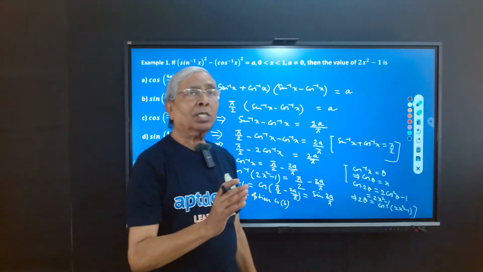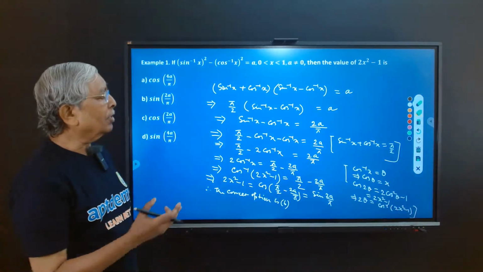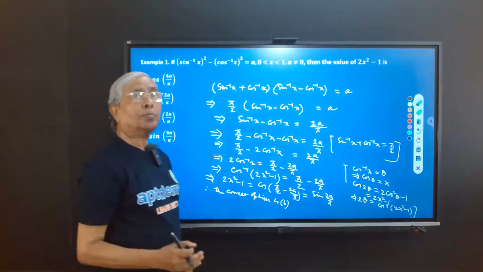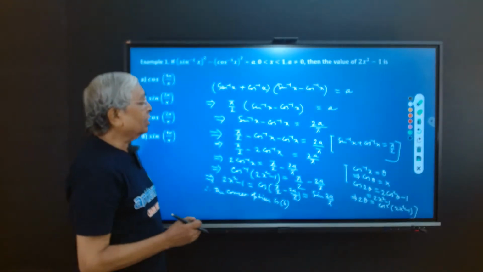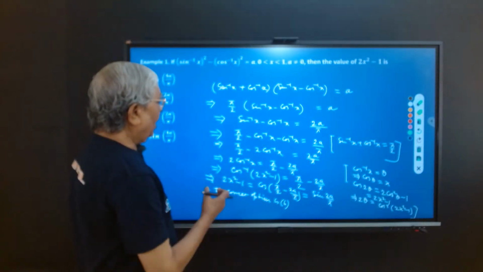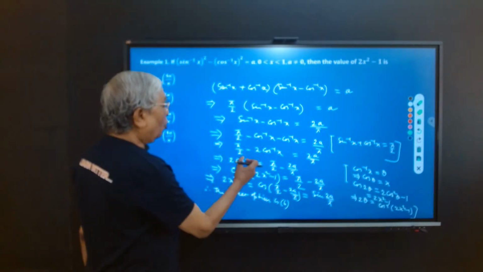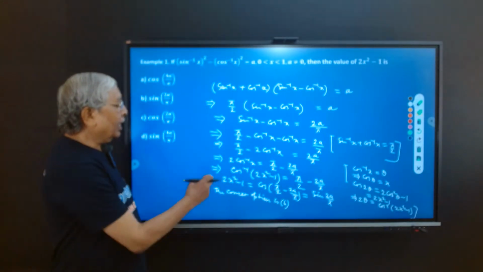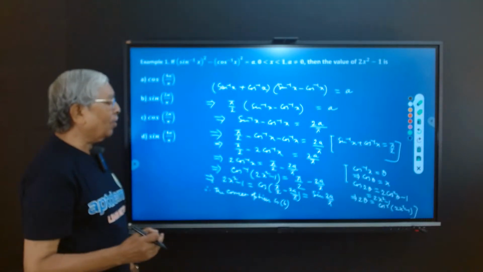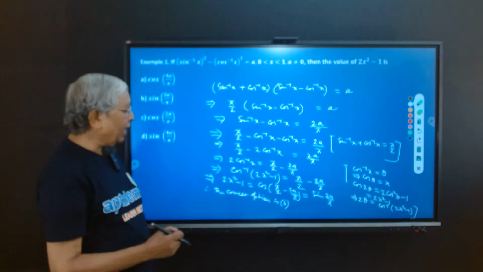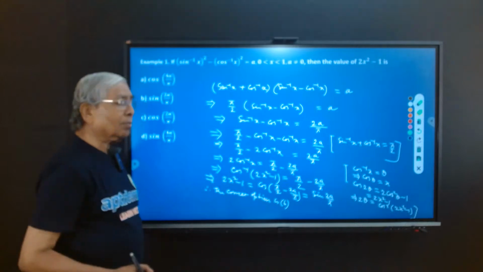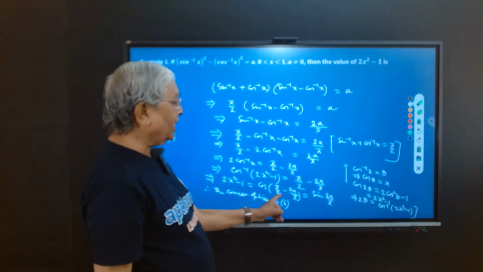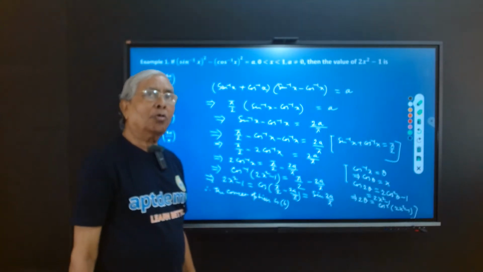Now convert this into cos inverse x with the help of the formula: sin inverse x equals pi by 2 minus cos inverse x. From this, I have got 2 cos inverse x equal to pi by 2 minus 2a by pi. So we can write cos inverse of 2x square minus 1 equals pi by 2 minus 2a by pi. Therefore, 2x square minus 1 is equal to cos of (pi by 2 minus 2a by pi). Cos of 90 minus theta means sin theta, so sin of 2a by pi.